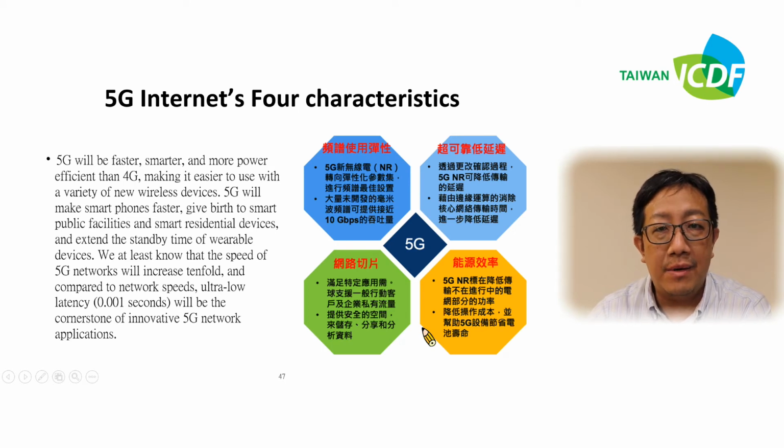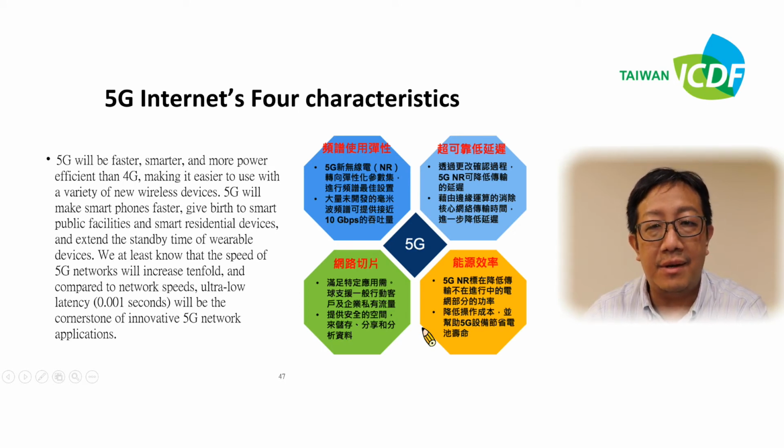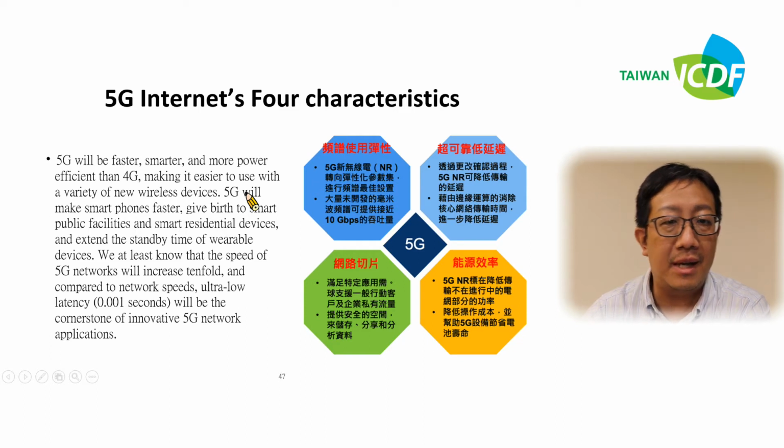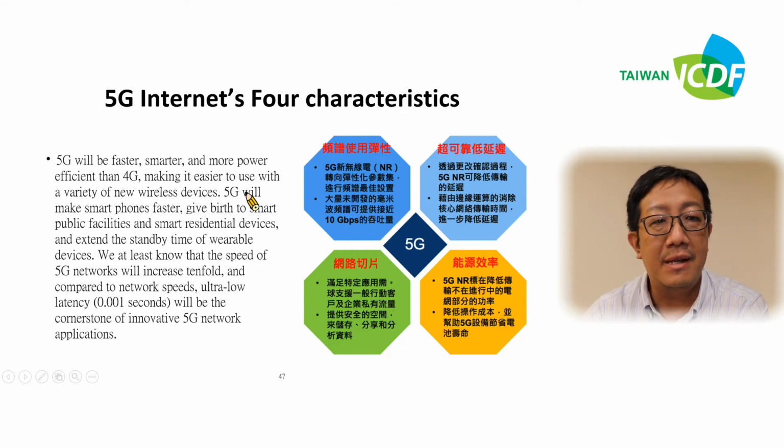There are several special features for the 5G internet. 5G will be faster, smarter, and more power efficient than 4G, making it easier to use with a variety of new wireless devices. 5G will make smartphones faster, give birth to smart public facilities and smart residential devices, and extend the standby time of wearable devices.